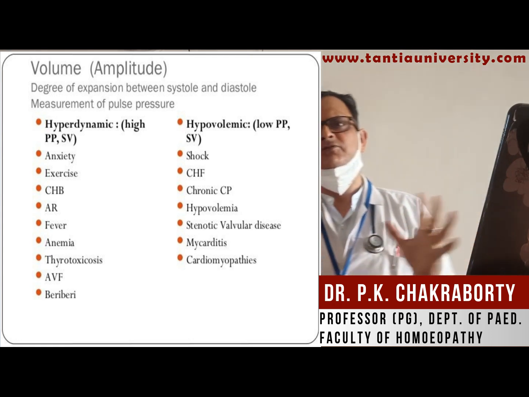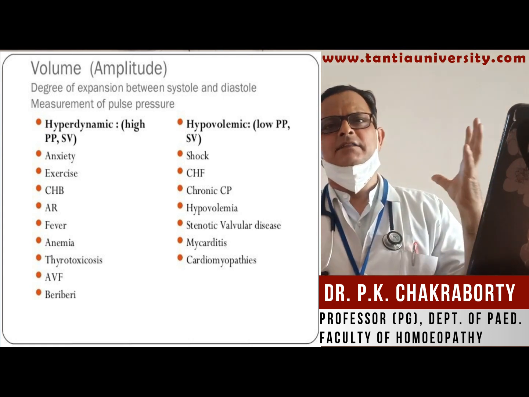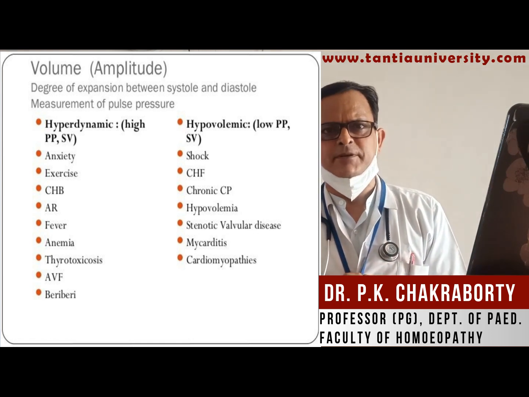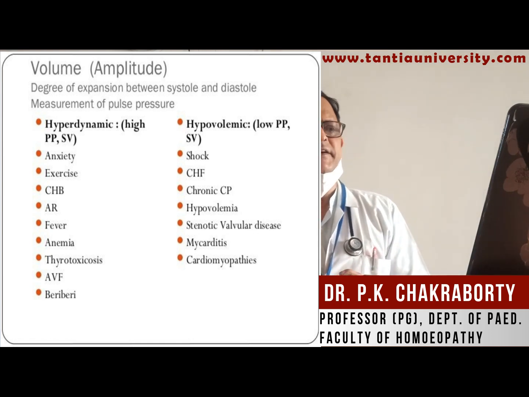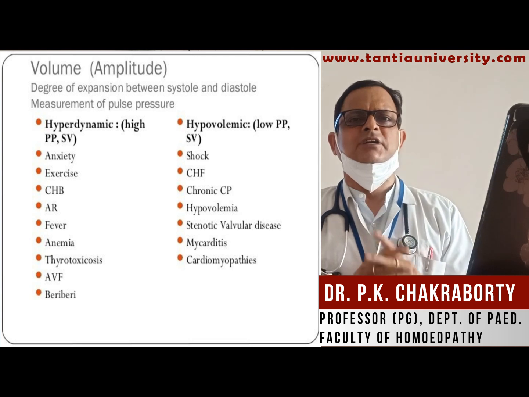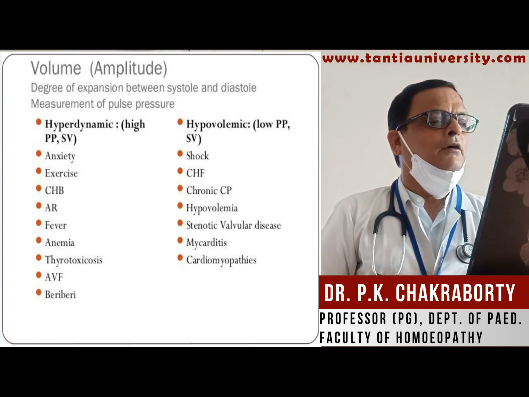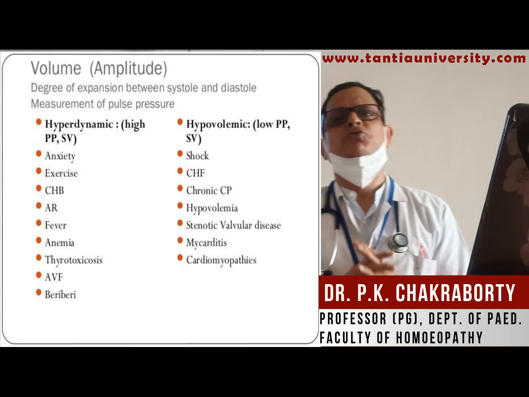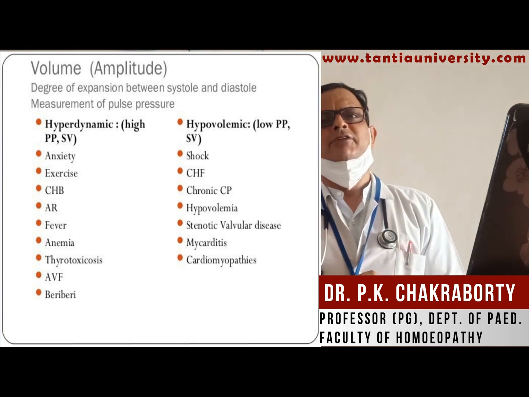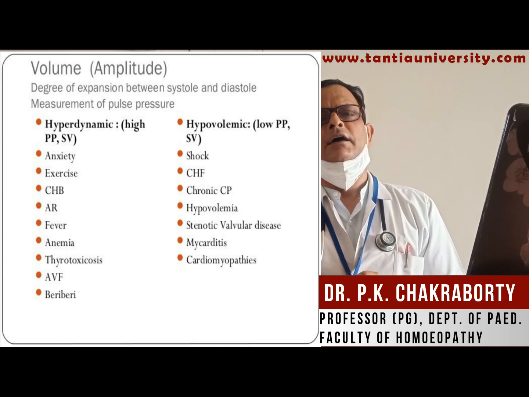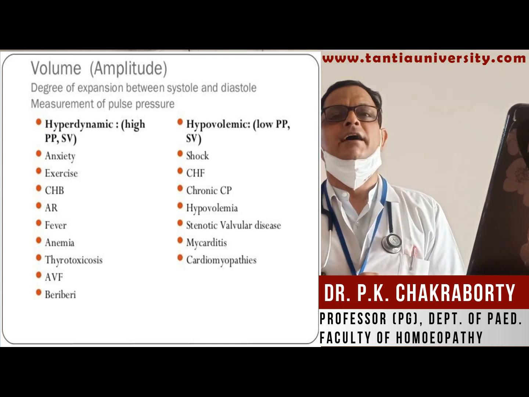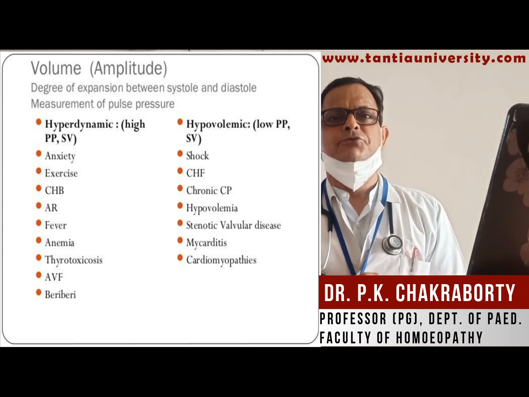Thyrotoxicosis: in thyrotoxicosis, BMR is raised, and in that case also peripheral oxygen demand is raised, and this condition causes hyperdynamic circulation. Arteriovenous fistula, and sometimes patent ductus arteriosus, are also common conditions.